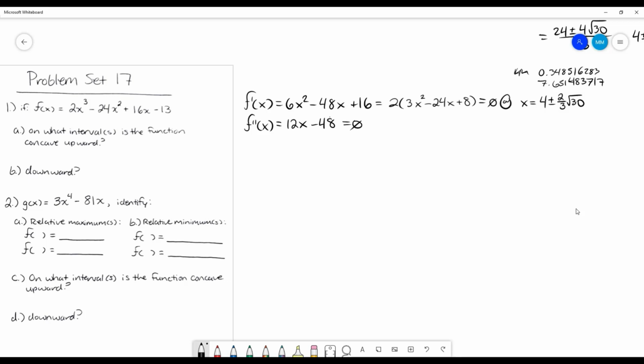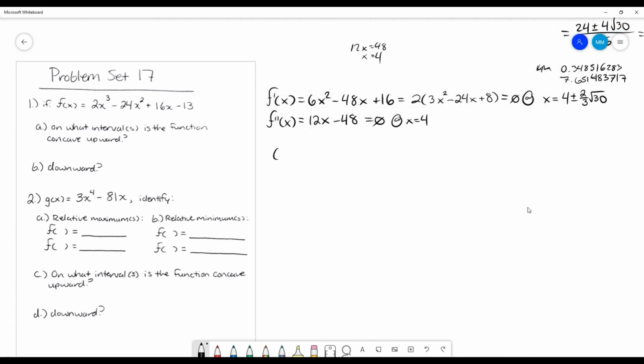This, on the other hand, equals 0, so it's going to be 12x equals 48, x equals 4. So we've got an inflection point at 4. So now take a look at our intervals.